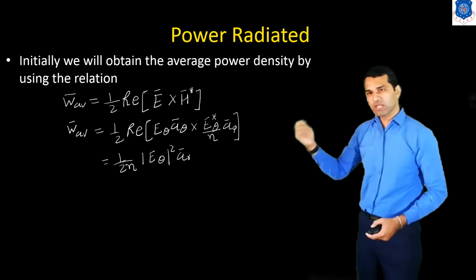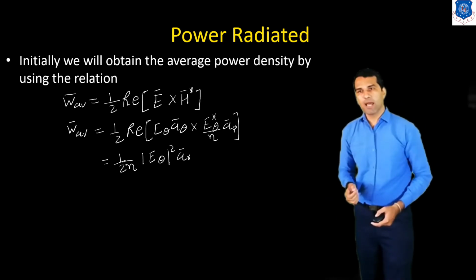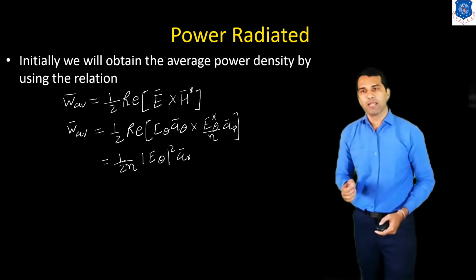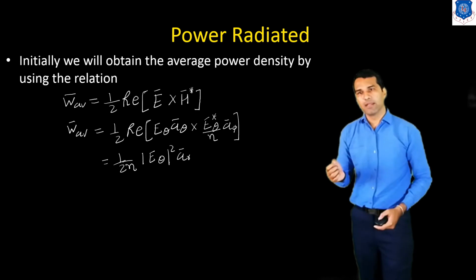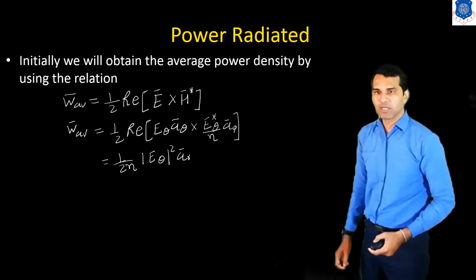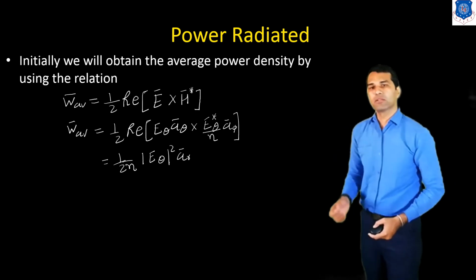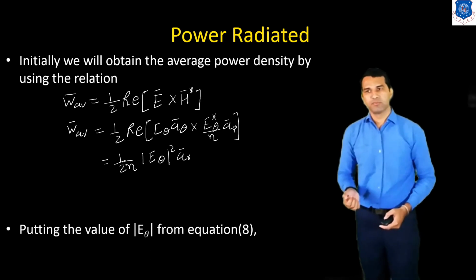When we solve this, we get 1 upon 2 eta E theta square into a r, since multiplying the coordinate vectors a theta and a phi gives the a r component.